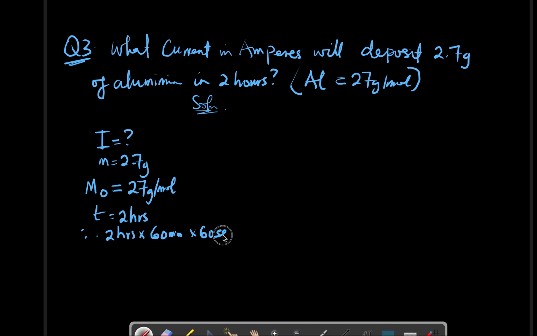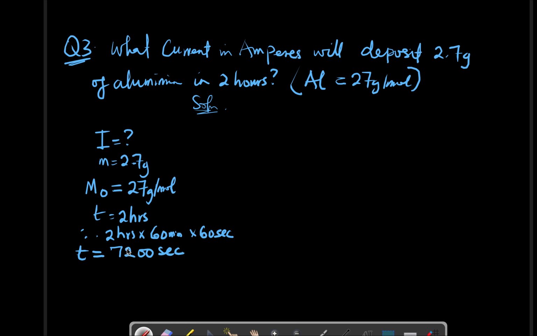If you multiply, 60 times 60 should give you 3,600, if I'm not making mistakes. If you multiply that by 2, you have 7,200. Please use a calculator to be sure of this answer. This is our new time that I have just converted.